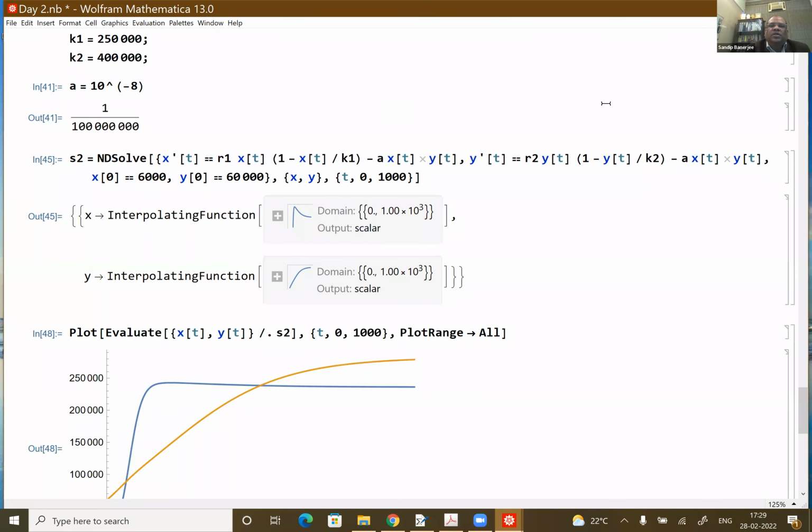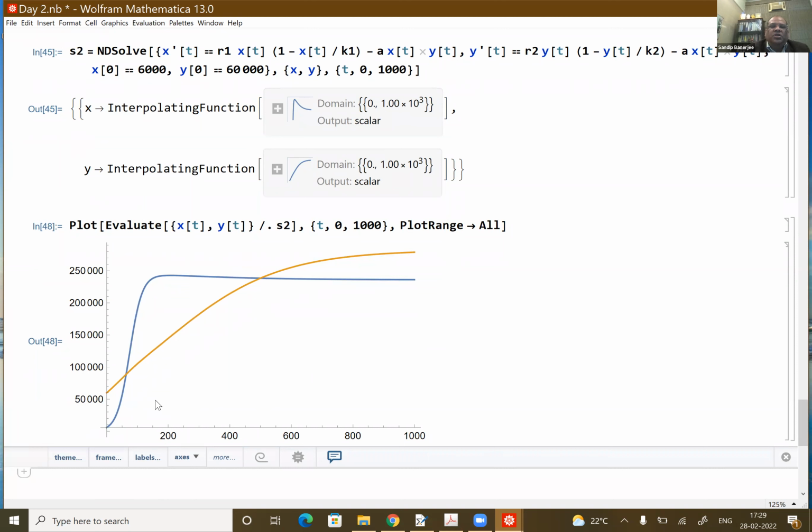At one point it is crossing over, but then it comes to a steady value. And this is the 60,000. It is starting, and then at one point it is crossing over time. Till it is sort of 500, your species 1, which has a smaller initial condition, was dominating over this species. But after that, this particular species takes over. So that's how you interpret.